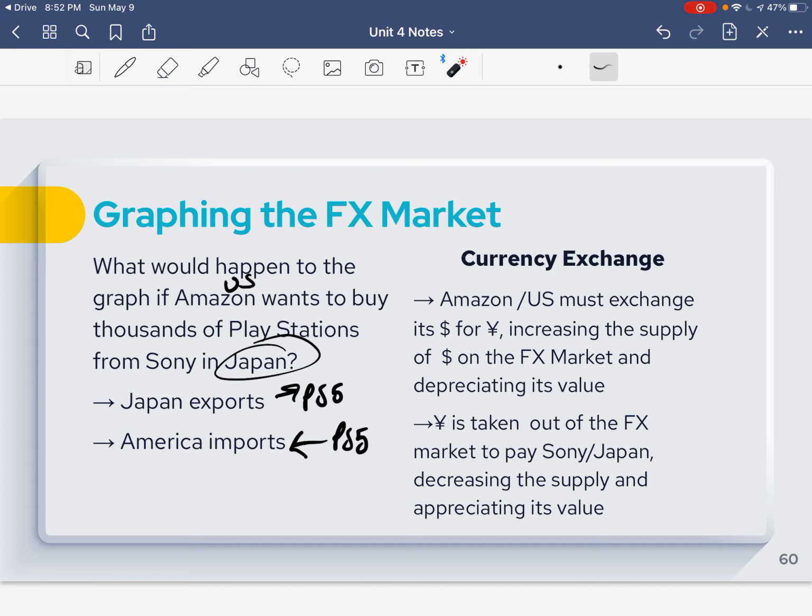Supply of US dollars increases. And then yen is exchanged. So Amazon puts dollars into this market, takes out yen, and gives that Japanese yen to Sony in Japan. And then there's less yen on the foreign exchange market because it's been taken out and given to a company in a different country.